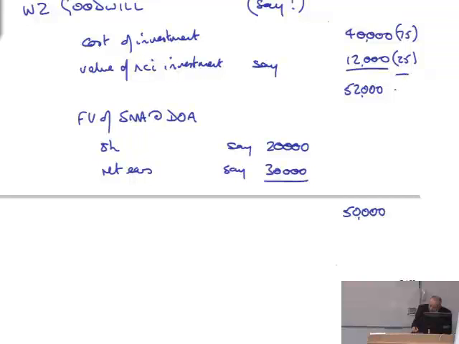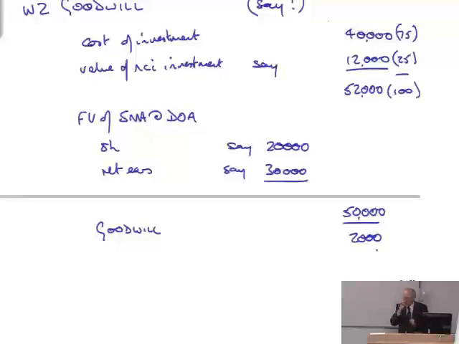I've got 100% value, that's 52,000, but the fair value of the subsidiary net assets is only 50,000 because I've got this additional asset of goodwill. Now this happened 15 years ago. And annually since then, the directors have carried out an impairment review.